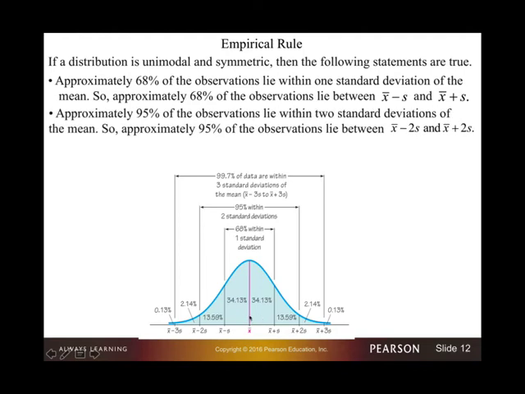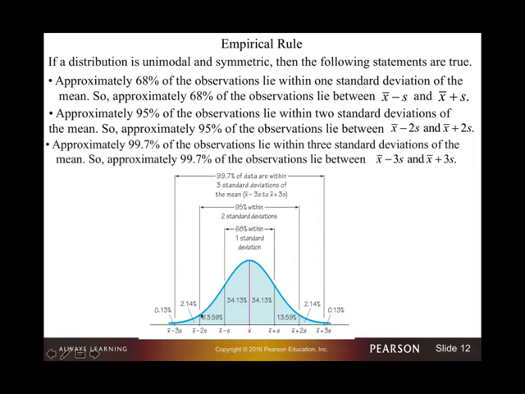And we do have about 95%. So 95%, that includes the 68% also. 95% of the data will be within two standard deviations. Two standard deviations means the mean plus two standard deviations or the mean minus two standard deviations. So this part here includes about 95% of the data.